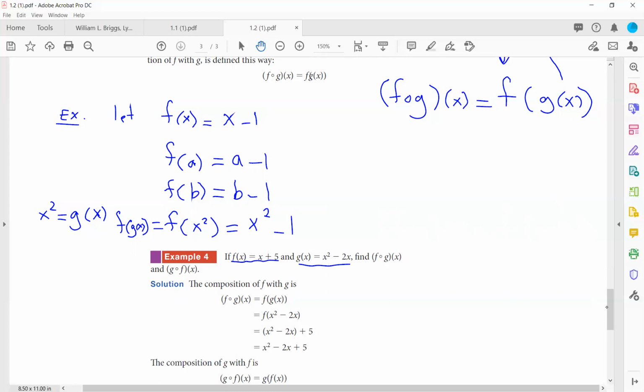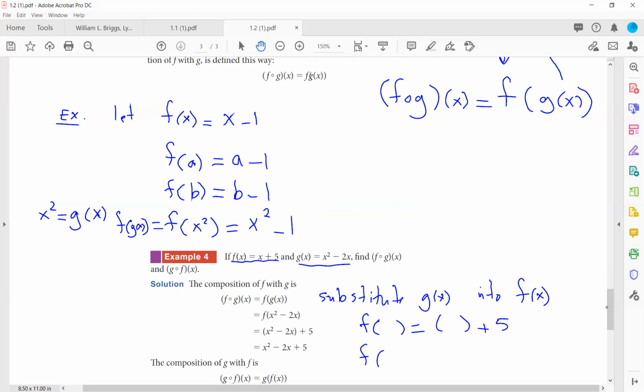It means that we substitute g of x into f. It means that you take g, which is x squared minus 2x, and you substitute it for x here. Your function f is defined as x plus 5.